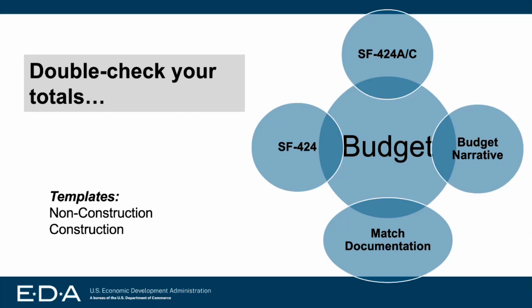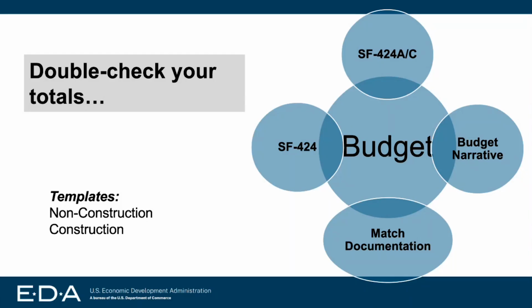So when we think about the budget, there's a few different forms. There's the SF 424A for non-construction projects and the SF 424C for construction projects. Those are high-level overview budget forms that give us the summary of the budget. There's the budget narrative, where we want detailed breakdowns of where the money would go that we would invest.